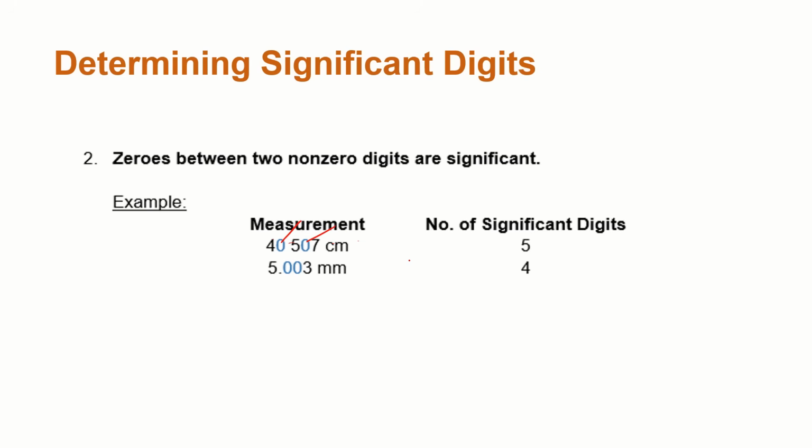So therefore, meron tayong 5 significant digits dito sa number na to. So dito naman 5.003. Meron tayo ditong 5, merong 0 sa gitna nung 5 and then 3. So dalawang 0. So therefore we have here 4 significant digits.